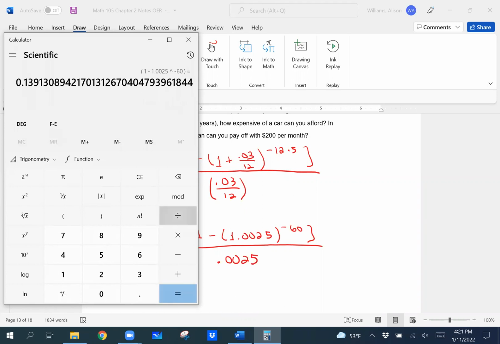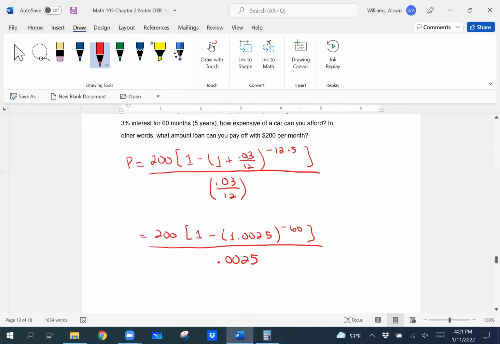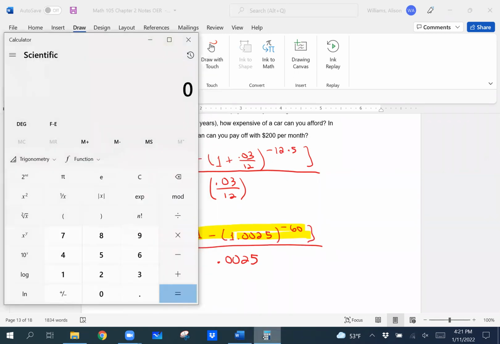And then I'm going to divide it by 0.0025. Oops, I think I didn't hit equals. Uh-oh, I didn't. Okay, let me try that again. I'm sorry. That's all right. In fact, I'll go a little slower. I'm just going to do what's inside the bracket first. So I'm going to plug this into the calculator first, and then multiply by 200, and then divide by 0.0025.